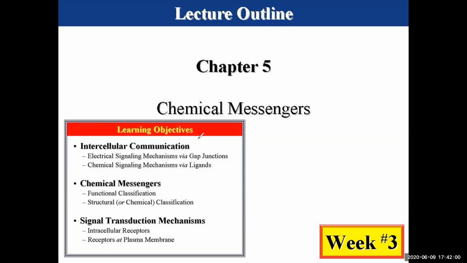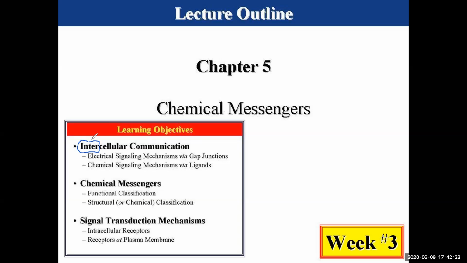they are for communication between cells. And when we say between cells, we are talking about intercellular. So inter means between neighboring cells, or from one cell to the next. It doesn't have to be neighbors. Oftentimes the chemical messenger travels a long distance.